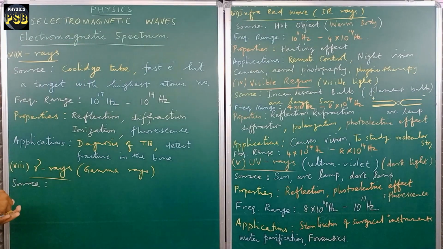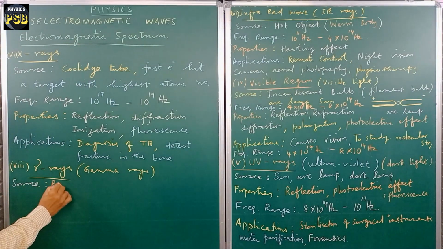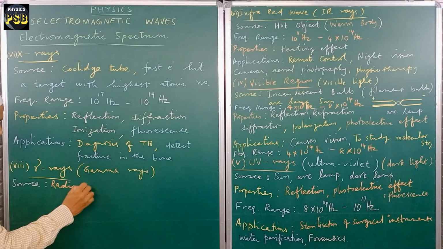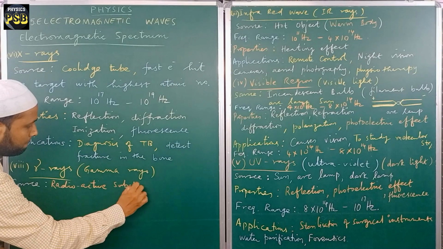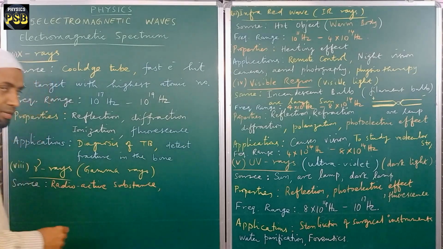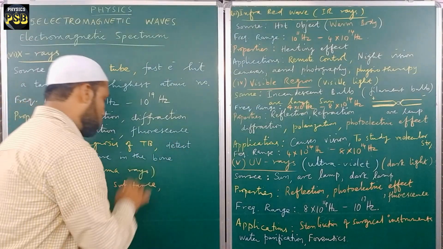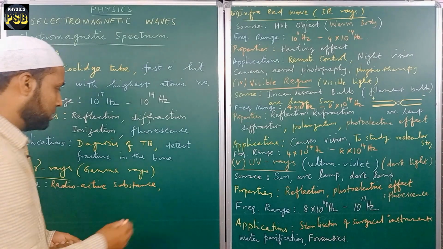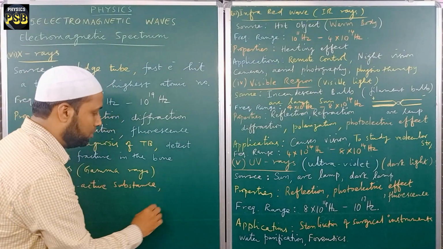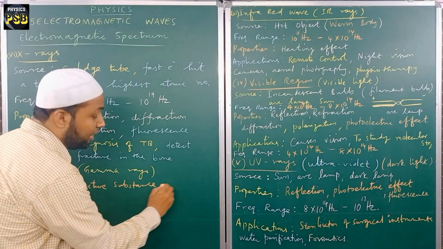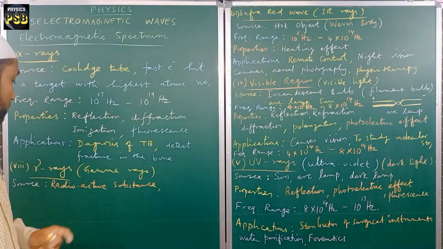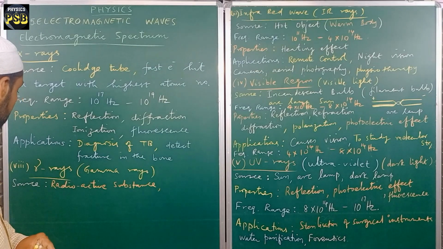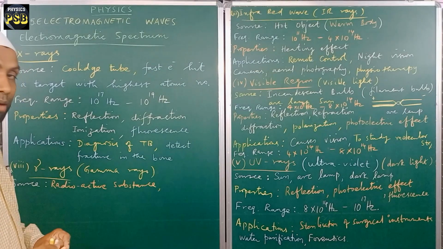So all sorts of radioactive substances emit gamma rays. Most of them. Then an electronic transition or a transition within the nucleus also gives out gamma radiation.